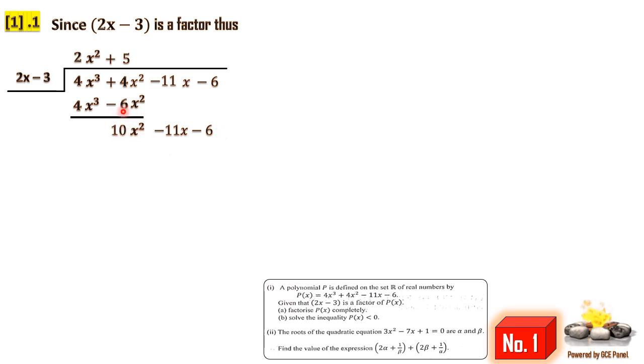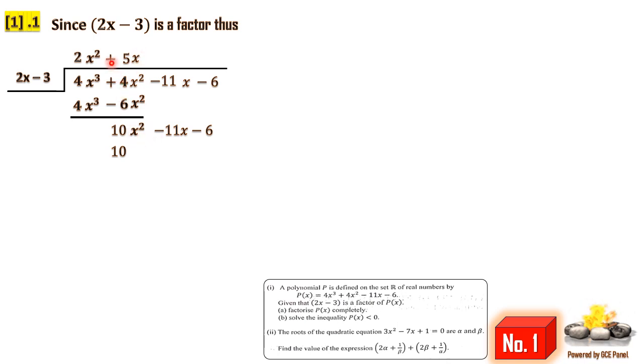Now, for this first term, 10x squared, the degree is still higher than the degree of the divisor's most significant term. So we say 10x squared divided by 2x. 10 divided by 2 is 5, and x squared divided by x is x.